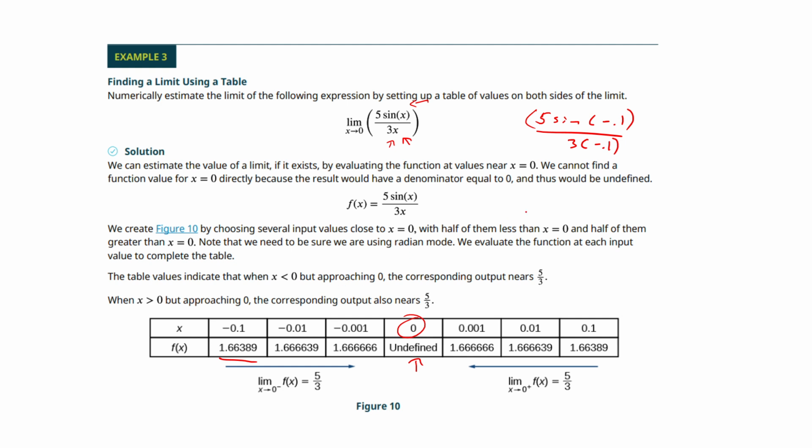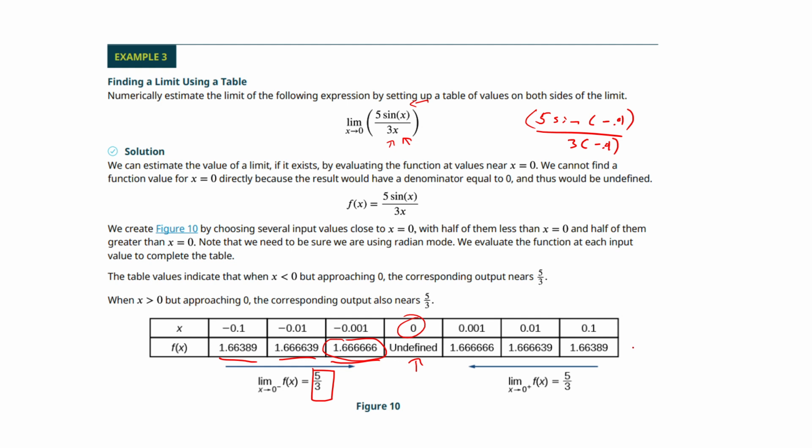Now we would do it again by putting in negative 0.01, and we get a value. And as we get very, very close, look what's happening. We're stabilizing. We are approaching a fixed value of 1.66, which is 5/3. We could keep getting closer and closer and keep doing this, but we already see that we're stabilizing here at a particular value for the function.